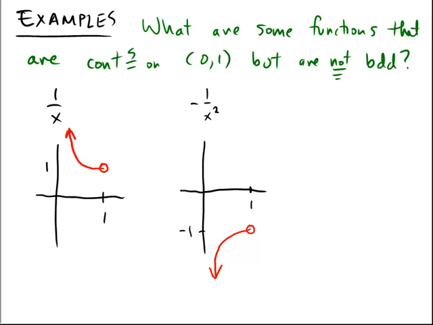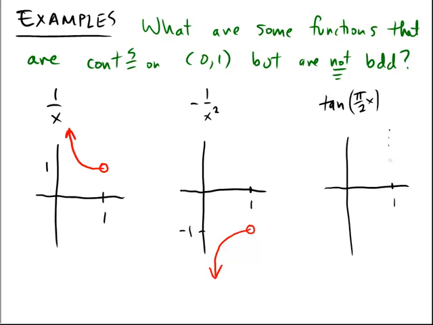And finally, just as a more fancy example, consider the function tangent of pi over 2 times x. This would be a period changer, right? I purposely compressed it by pi over 2, so that we would see the graph fly off.